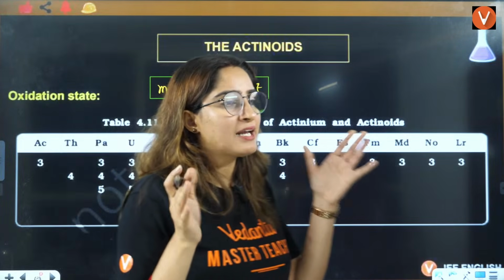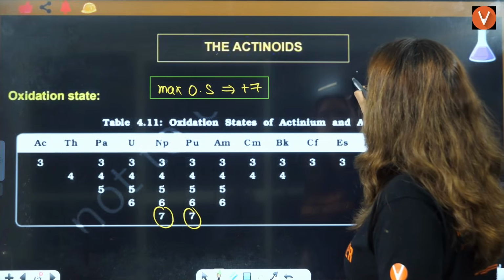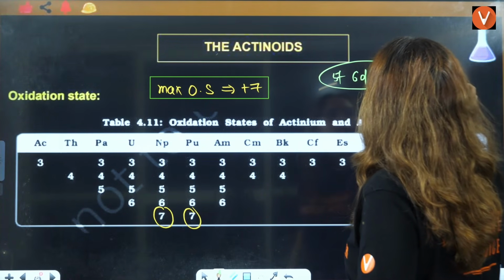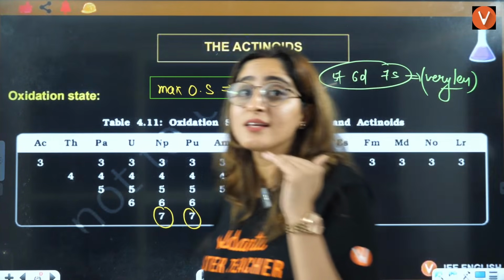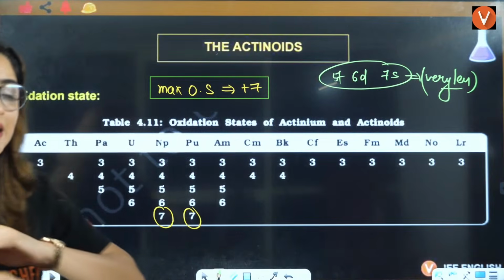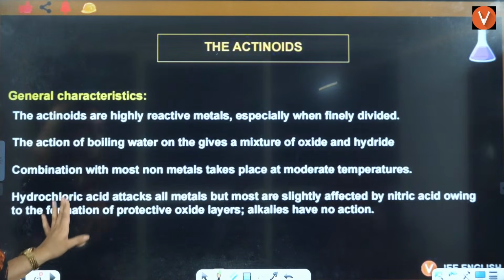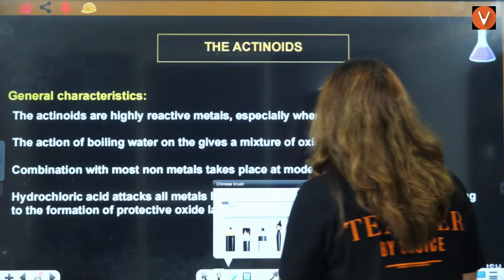Because the difference in energies of 7s, 6d, and 5f is very less. That is the reason they have variable oxidation states going up to +7. For lanthanoids, it was not going up to +7, but for actinoids it is.